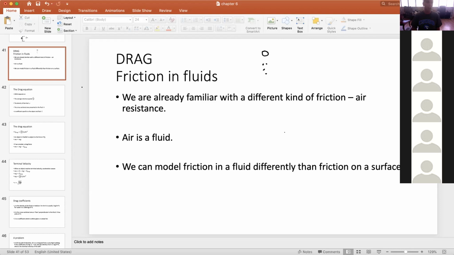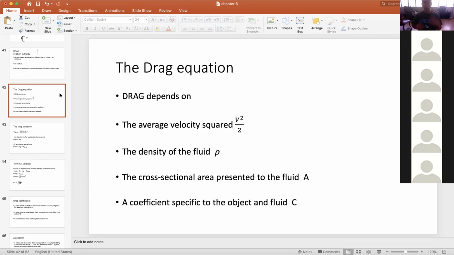And so we need to come up with an equation for that. We're going to assume that it depends on your average velocity squared, and that it depends on the density of the fluid. In a vacuum, you have no drag or air resistance. It also has to depend on the cross-sectional area.